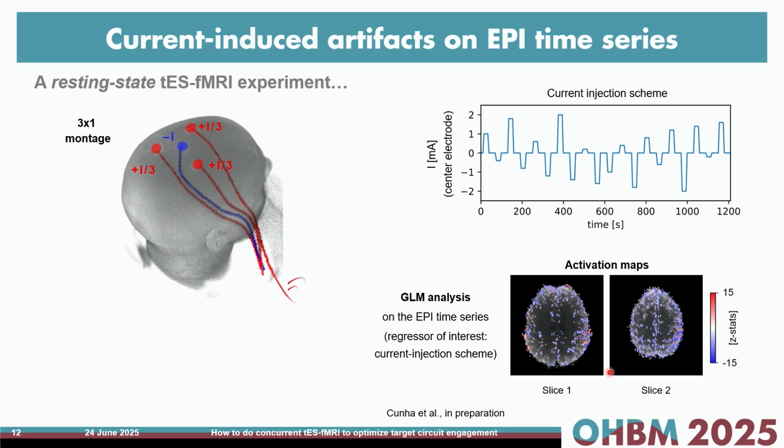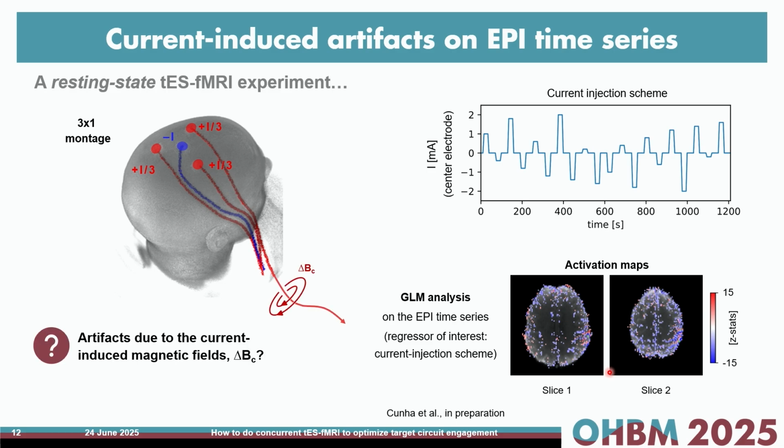So we asked the question if these effects could really be induced by the current-induced magnetic fields, which are extremely weak. As you see here, we did not go over 2 milliamperes in the simulation. Weak currents generate weak magnetic fields, but could they be strong enough to induce considerable effects?